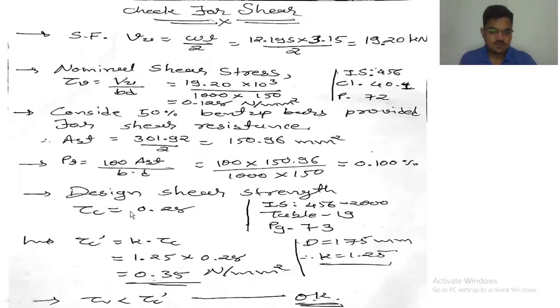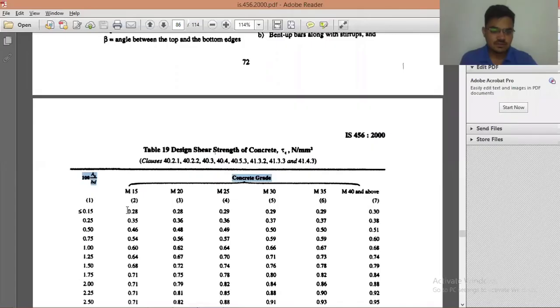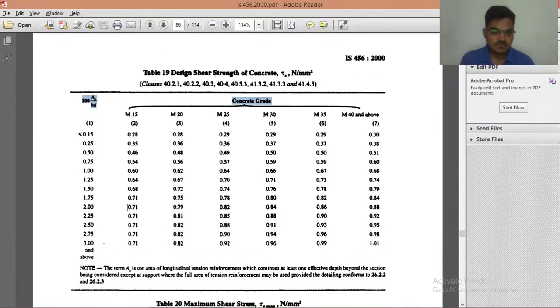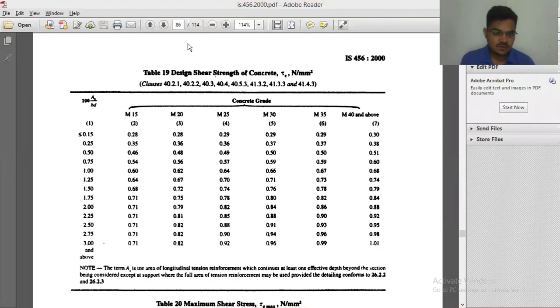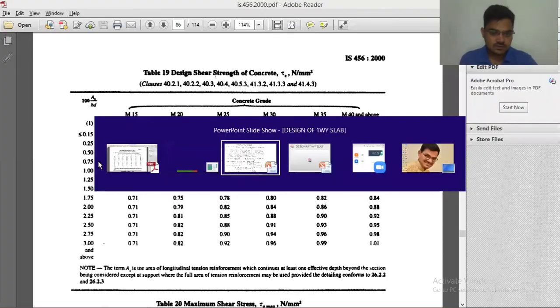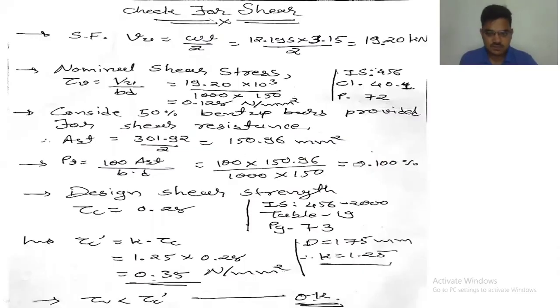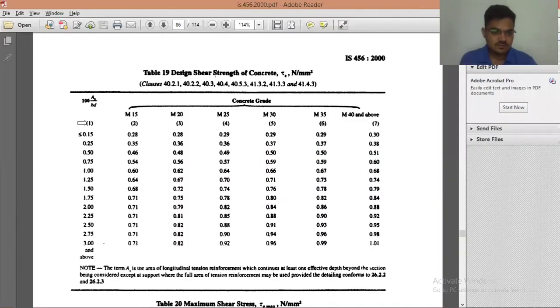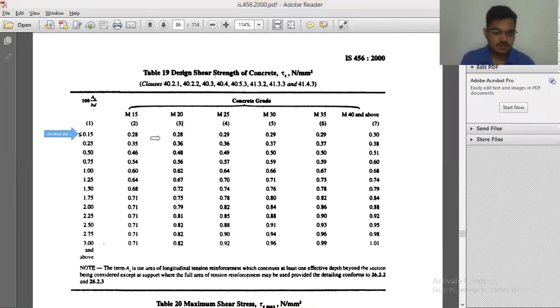Okay, so we have to calculate design shear strength. It is calculated from table number 19, for M20 grade concrete, and our pt is 0.1, which is smaller than 0.15.